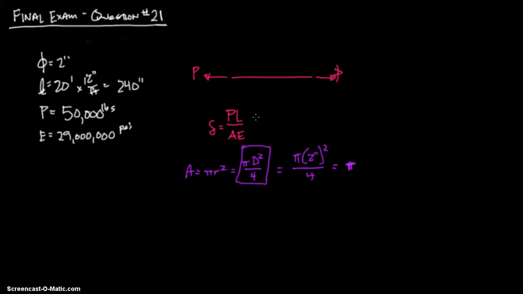Okay, so let's go ahead and solve. We have P of 50,000 pounds, times L, which is 240 inches. And we have area is pi, and that's going to be inches squared. I should have put that over here. Pi inches squared.